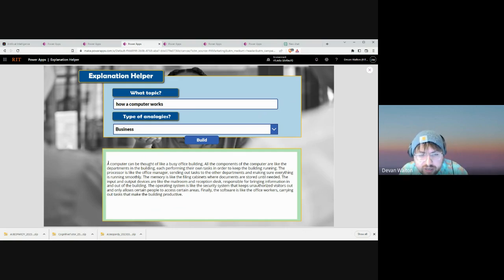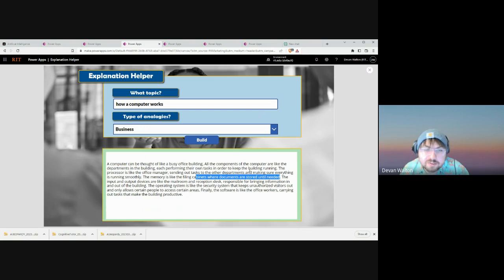So let's see what it gave us. A computer can be thought of like a busy office building. All the components of the computer are like the departments in the building, each performing their own tasks in order to keep the building running. The processor is like the office manager, sending out tasks to other departments to make sure everything is running smoothly. The memory is like the filing cabinets where documents are stored.